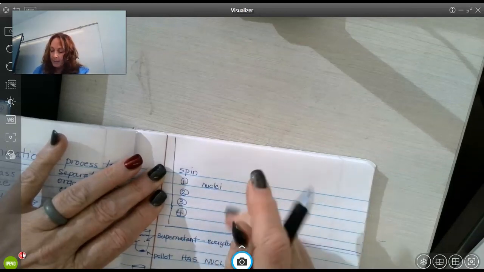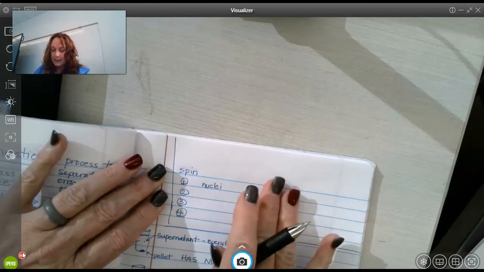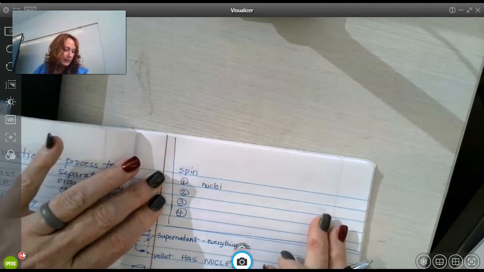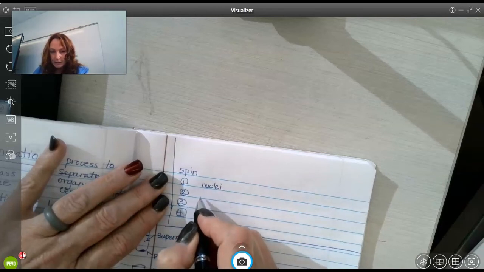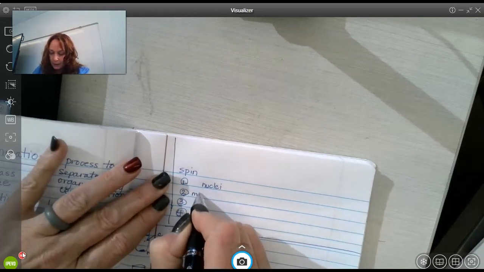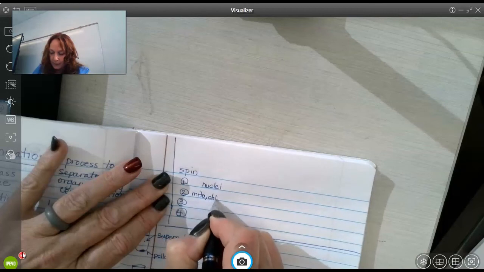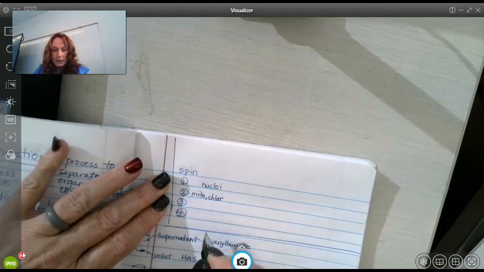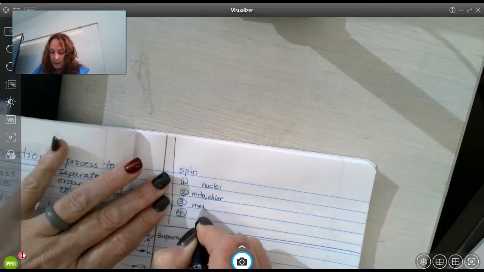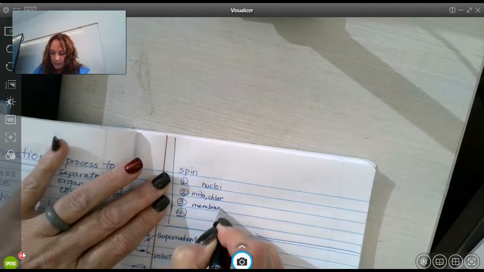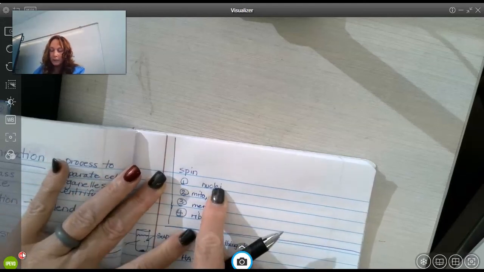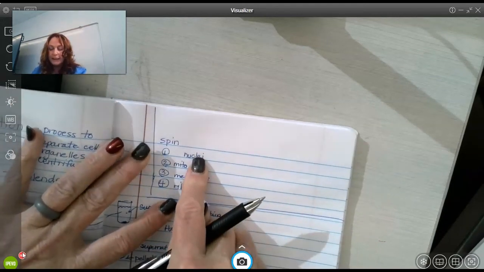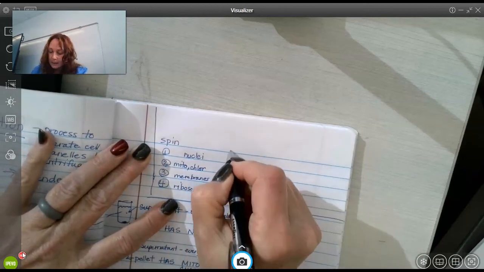And we'll think about the rest of this in just a second because I want to talk about size and speed. Spin 2, what you could get would be your mitochondria and your chloroplasts. Spin 3 are membranes. Spin 4 are ribosomes.